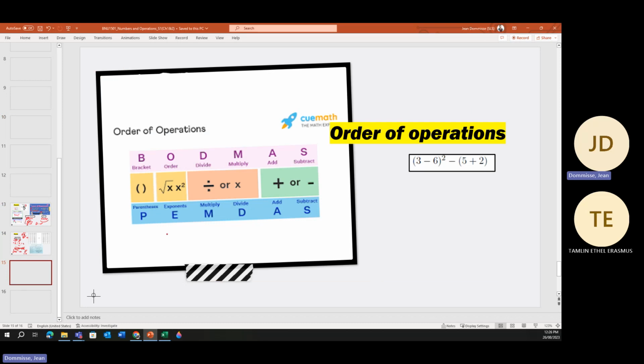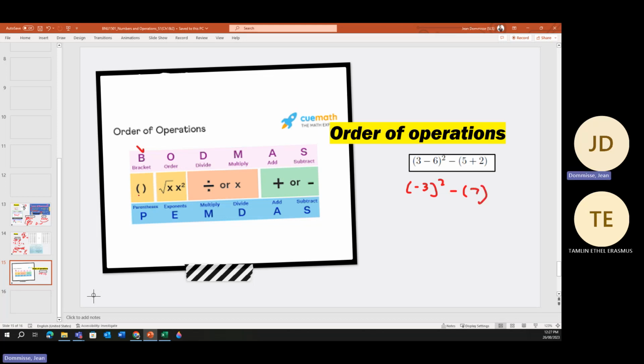The only thing that I included for you is a simple method of identifying the order of operations. So the first thing, always brackets. Then if there is something of order. If we look at this question here, what we first would have done is the brackets. So 3 minus 6 is minus 3, that to the power of 2, and then in the other bracket, 5 plus 2 is 7.